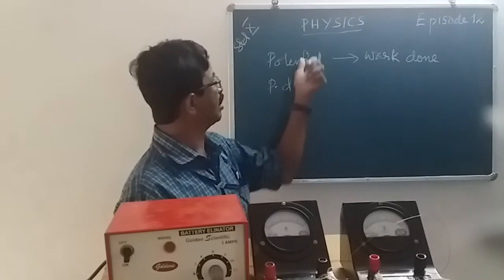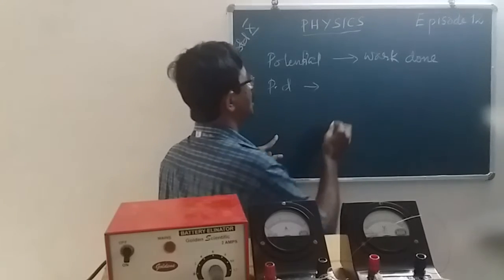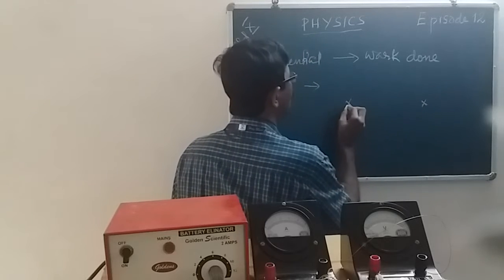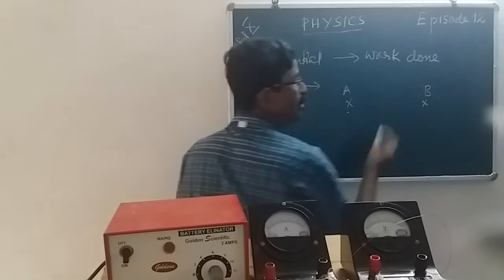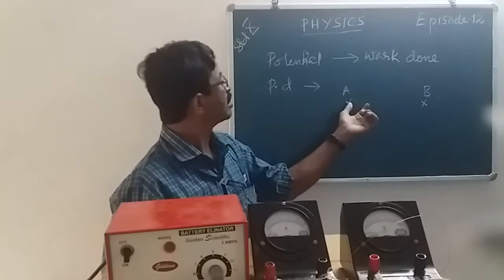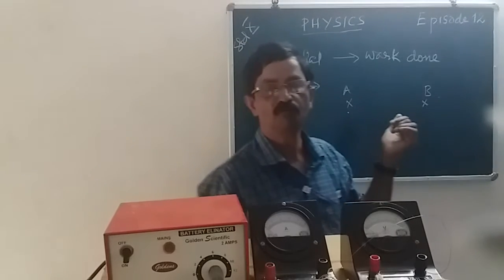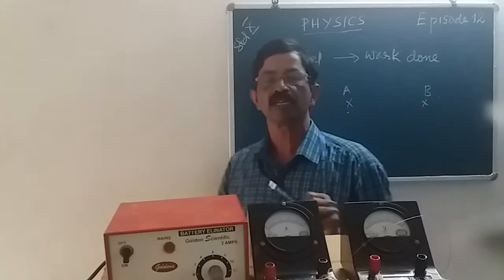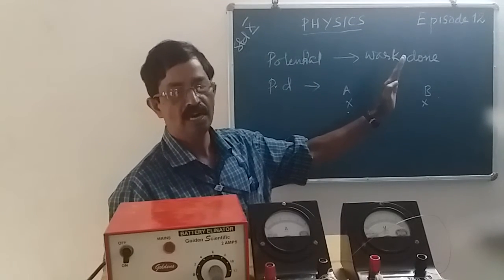The slight difference is only between potential and potential difference. Potential difference is the work done to move a unit charge from one point, suppose point A, to another point B. That means electric potential difference is the work done to move a unit charge from one point to another.